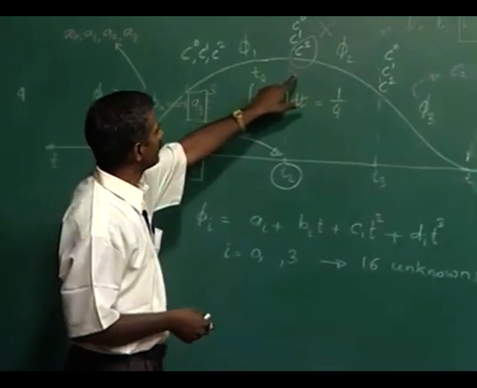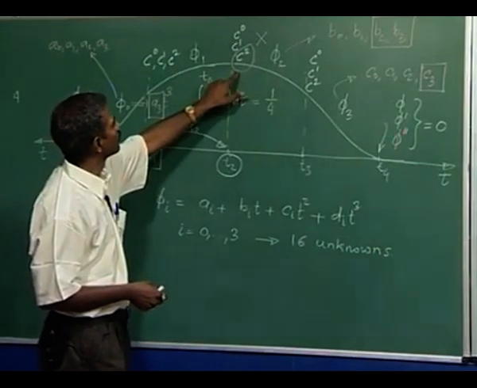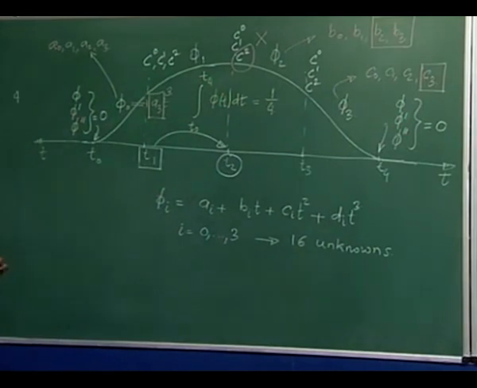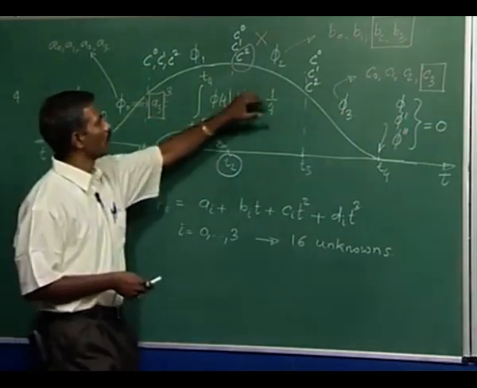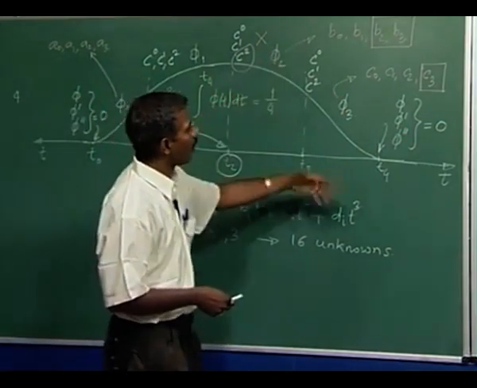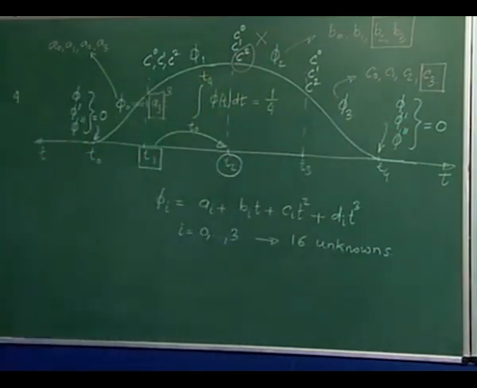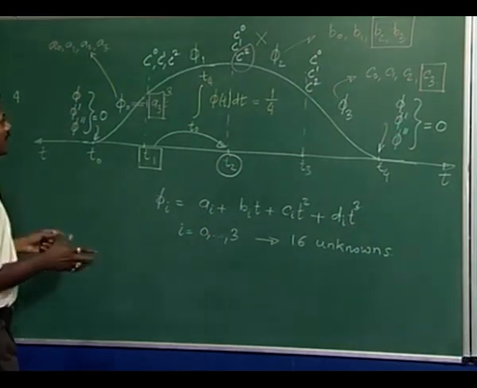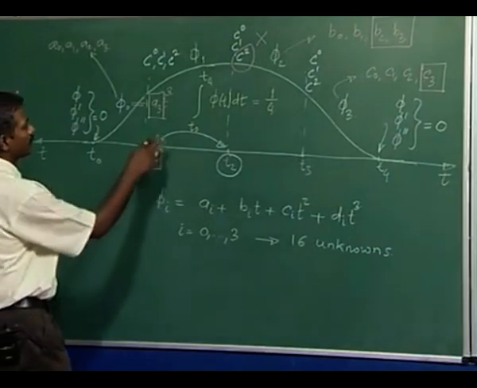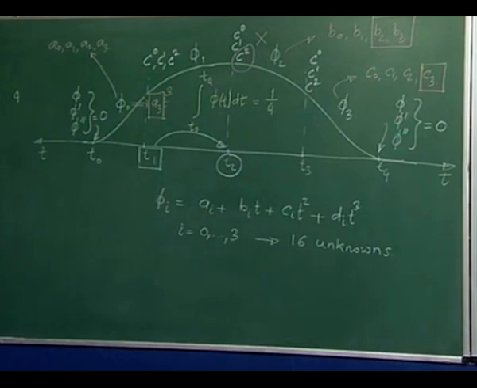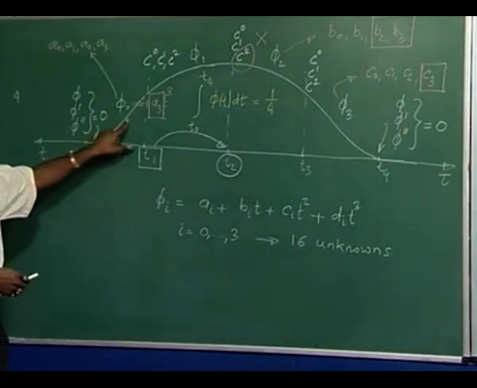Although I had suggested that we can let go of this C2 continuity condition at this junction point, maybe you can also think of letting go of one of these conditions, maybe one of these conditions, or maybe one of these conditions. It doesn't matter. Mathematically, all you need to do is ensure that you have the number of conditions the same as the number of unknowns to be able to solve for this B-spline uniquely.